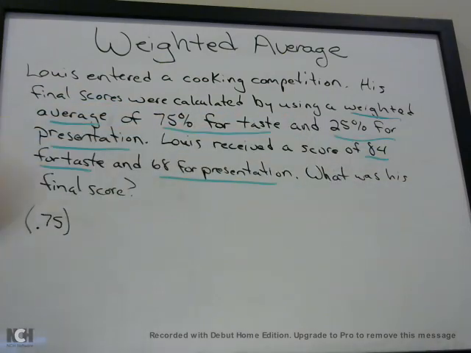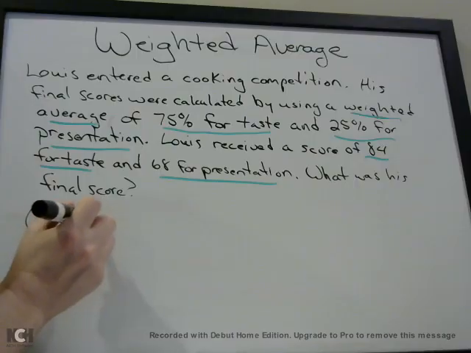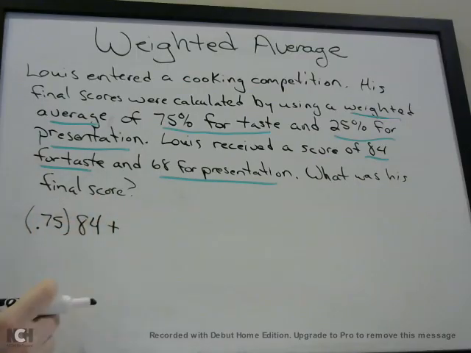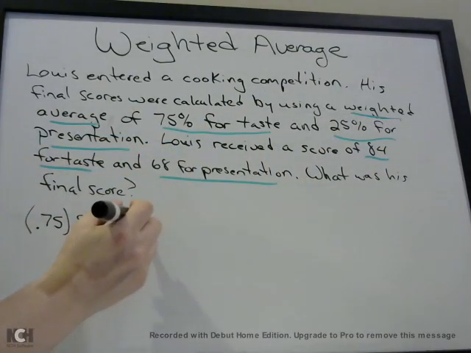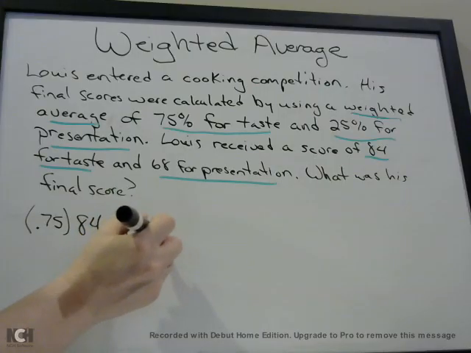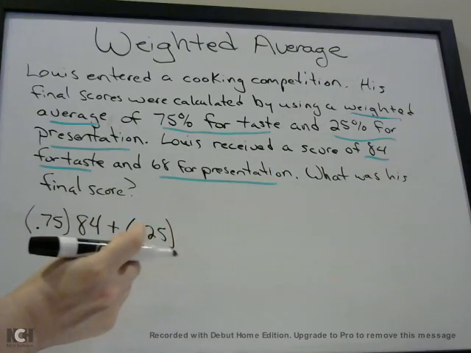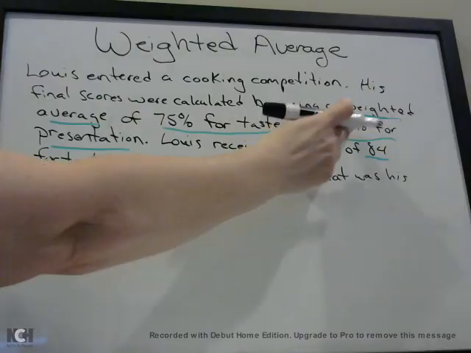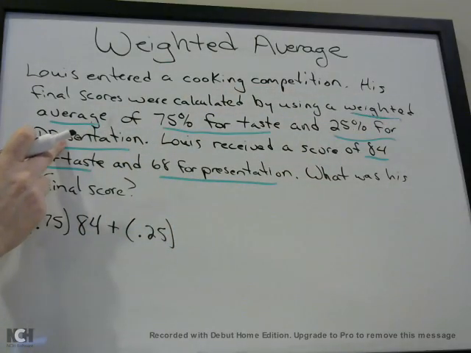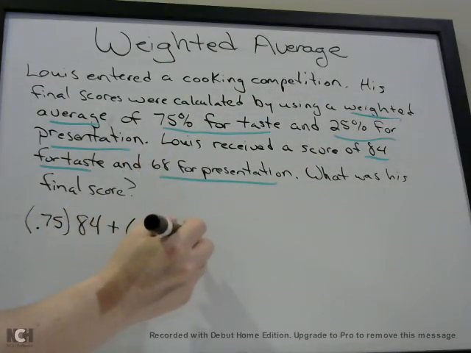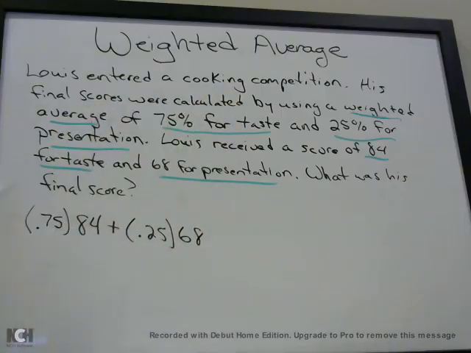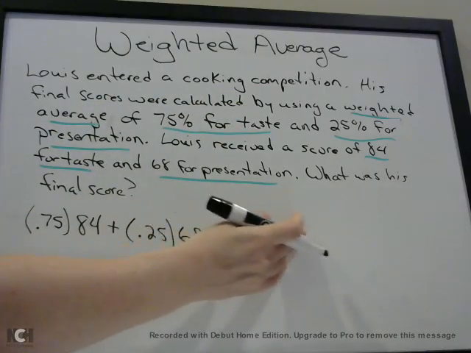He got an 84. The weight times the number plus the weight, 25%, which is written 0.25, times the number, 68. So 25% for presentation. What did he get on presentation? He got a 68. And that was it. There's only 2 categories. If there were more, we would continue.